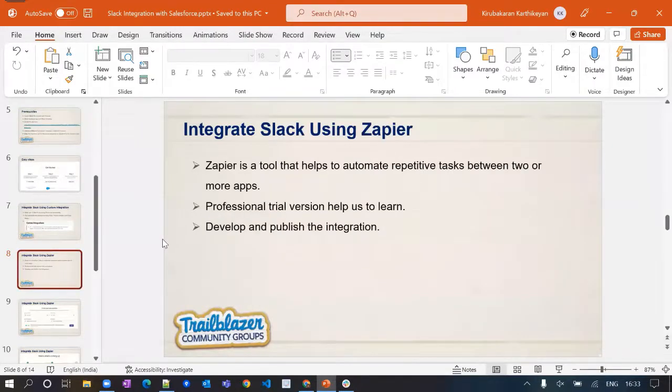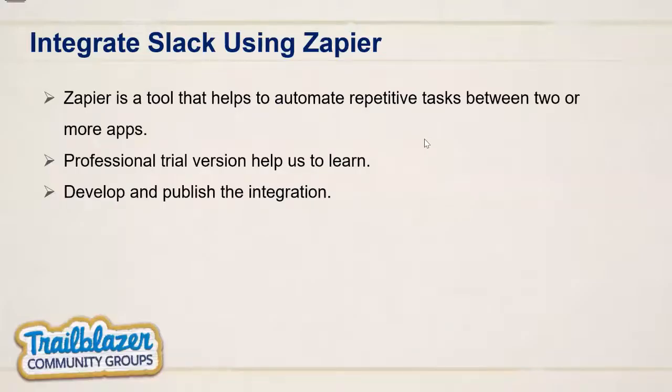Okay. Now we are going to integrate the Slack with the use of the Zapier tool. This is an integration tool. We can just sign up with our Gmail, but it's a paid one only. We can get a trial version for 15 days, and we can learn it. As I said, the Zapier tool is an external integration tool.